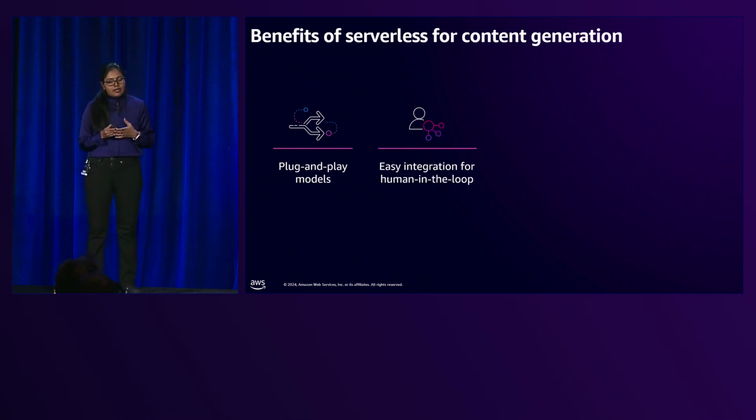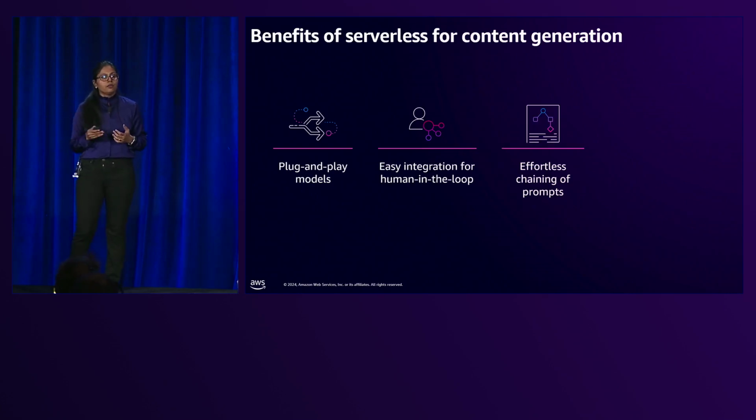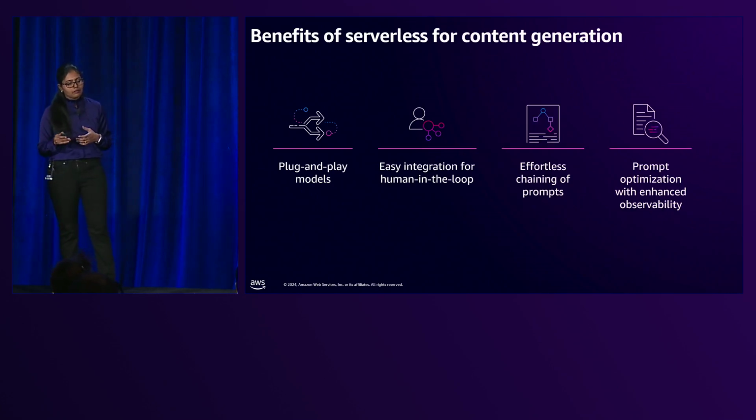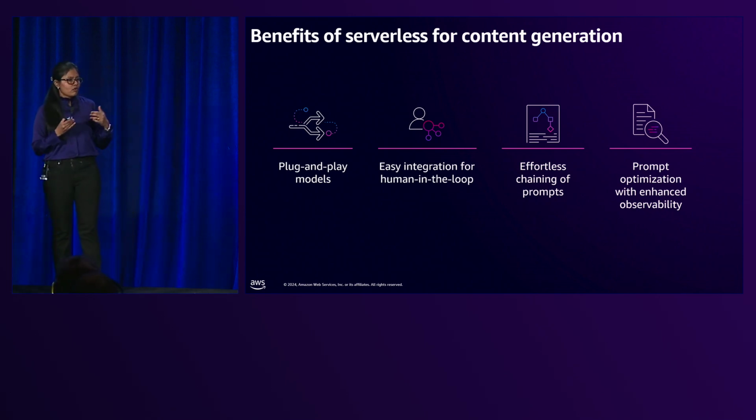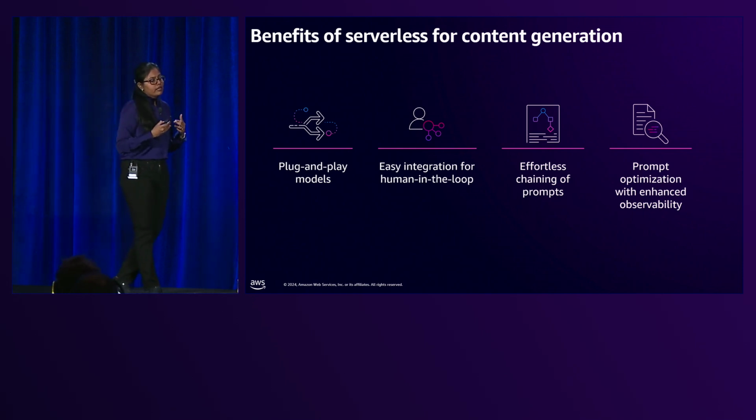We saw how Step Functions lets you easily integrate a human in the loop and implement prompt chaining. And last, we saw how observability along with prompt chaining gives you better control to optimize your prompt.